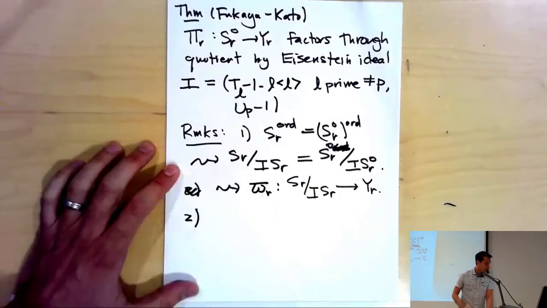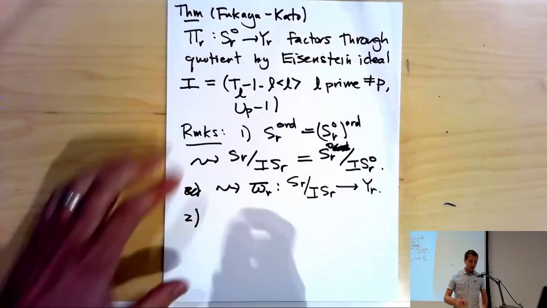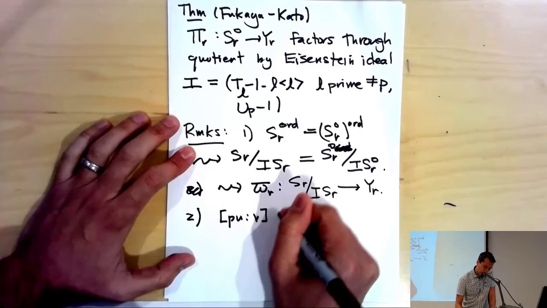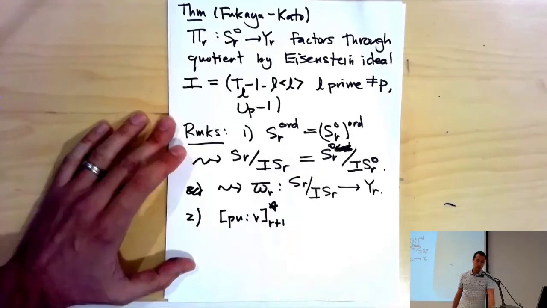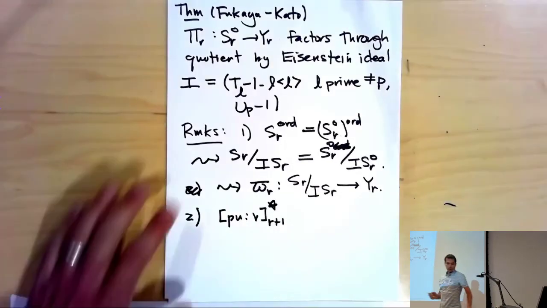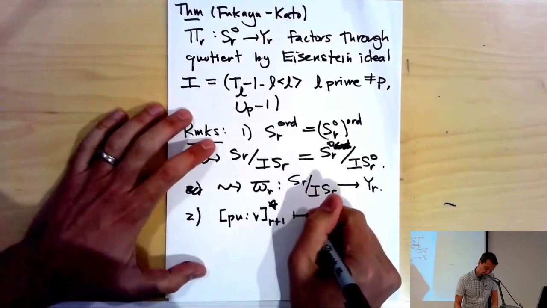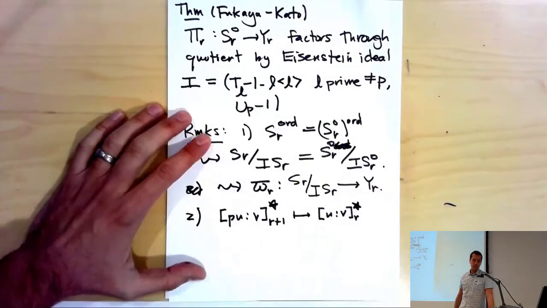The second is that these things are compatible in the tower. In other words, what you can check is that the r plus first symbol, {u, v}, maps under the standard map coming from the identity on the upper half plane of modular curves, from X1(p^(r+1)) down to X1(p^r), to the u v r star.